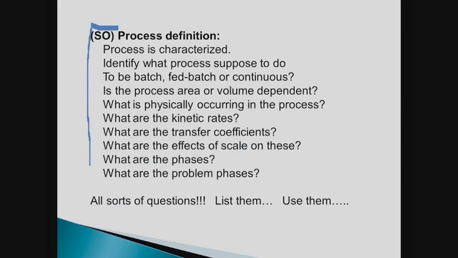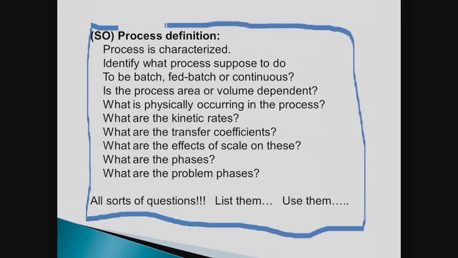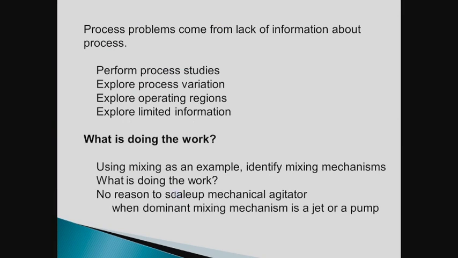Process definition has lots and lots of questions. The process is characterized by feed, kinetic rate, mass transfer phases, and problem phases. Processing problems come from a lack of information. Perform process exploration of operating conditions with limited information.